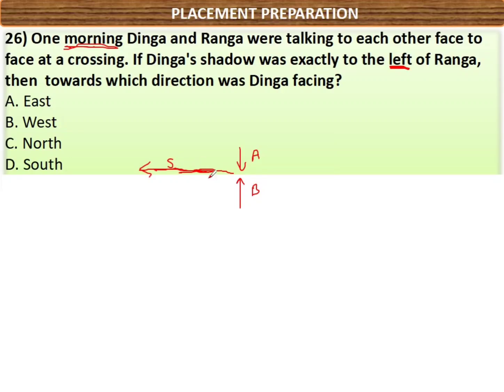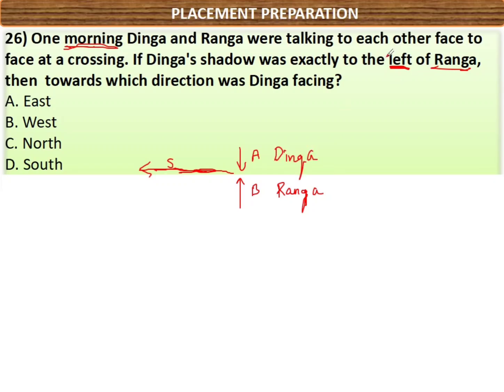This shadow is left of B. According to our diagram, the shadow is towards the left of B. According to the question, the shadow is left of Ranga. So this B is Ranga. Did you all understand? B is Ranga. If B is Ranga, we know they are facing face to face, so A should be Dinga.